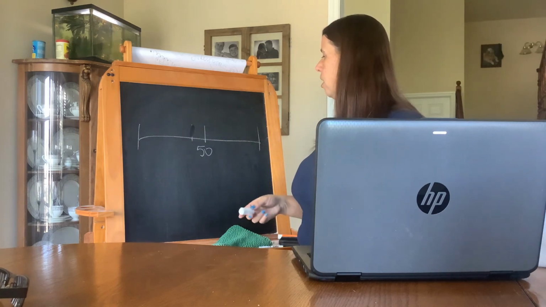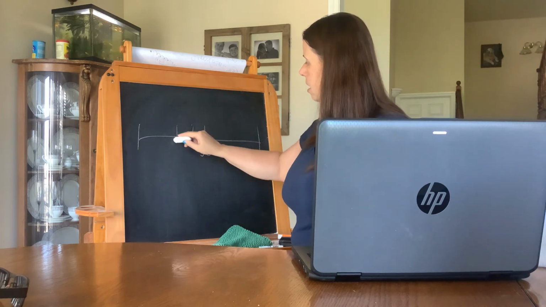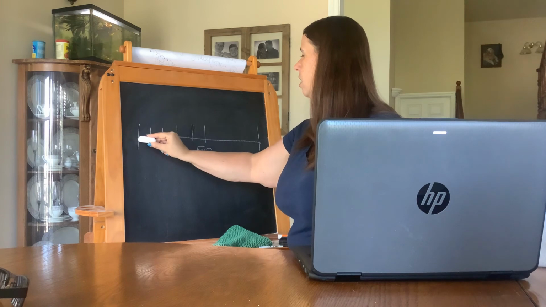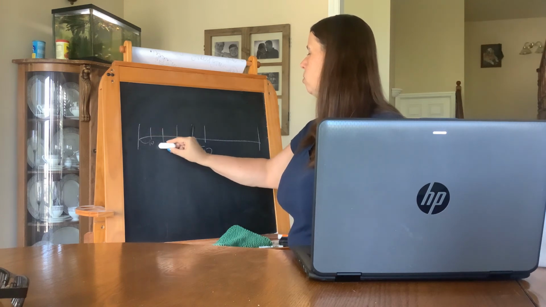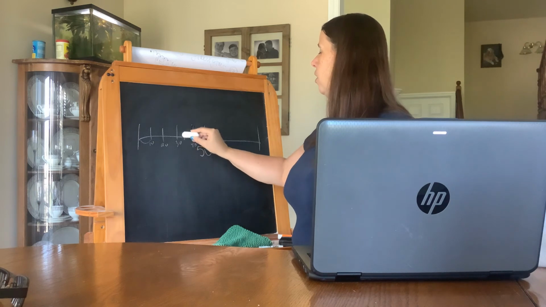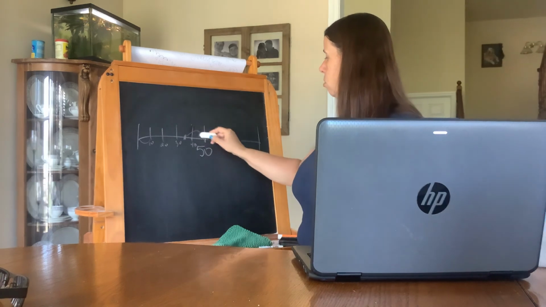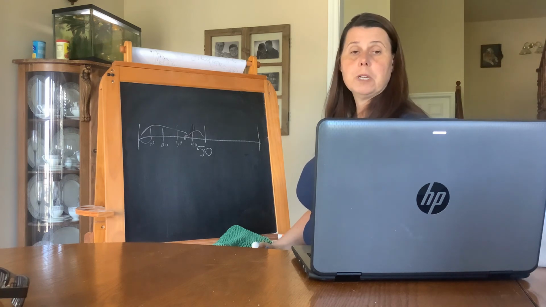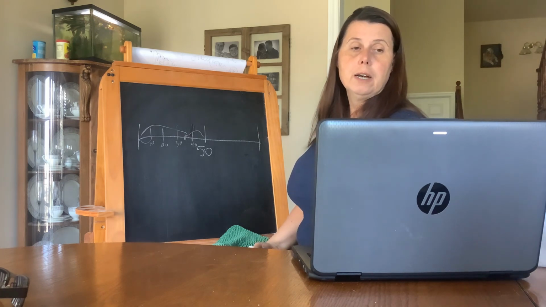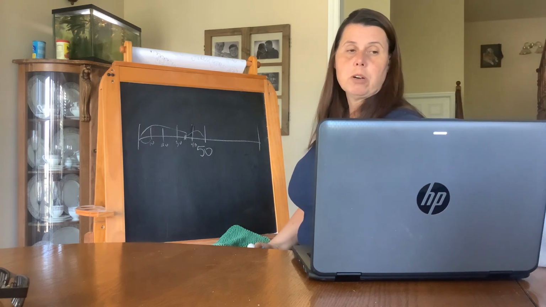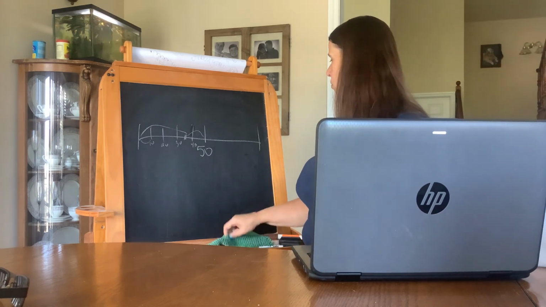Where would 35 be? We'd have to cut this into 5 pieces, each worth 10, right? So this would be 10, this would be 20, this would be 30, this would be 40. 35 would be here. Is it closer to 50 or is it closer to 0? Right? So you can pause the video, go finish those last couple of parts of question 3, come back for number 4.